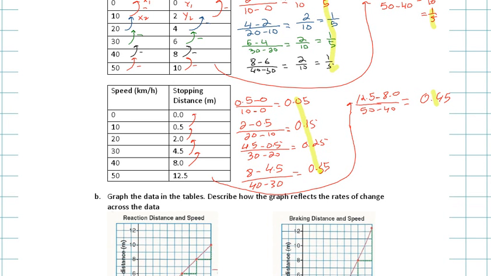This tells me that the first table represents a linear function because your slope is constant, while the second one does not represent a linear function.